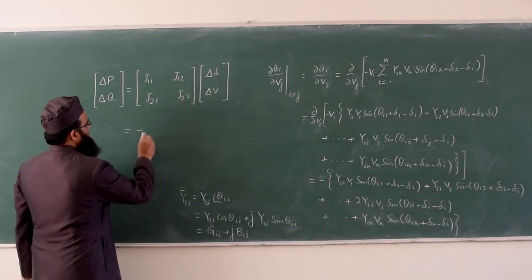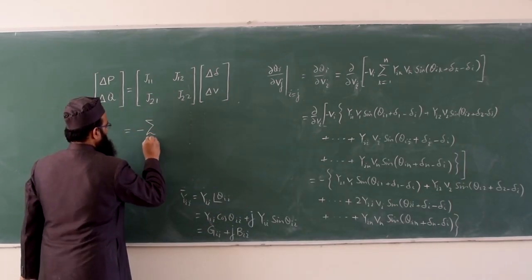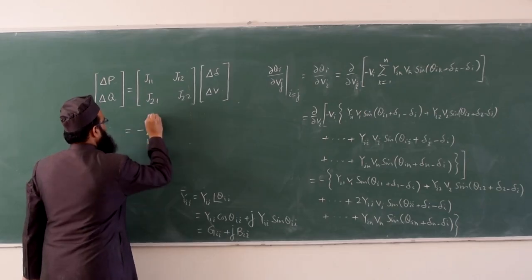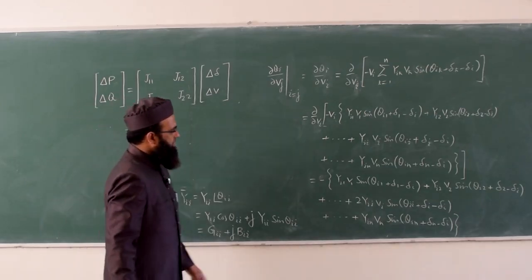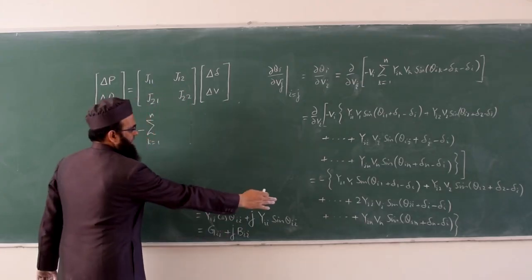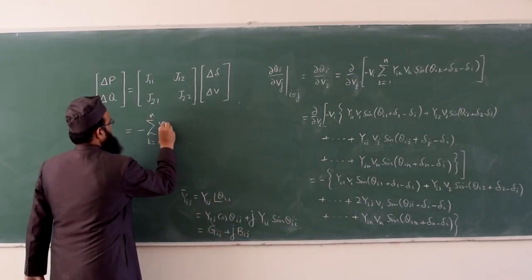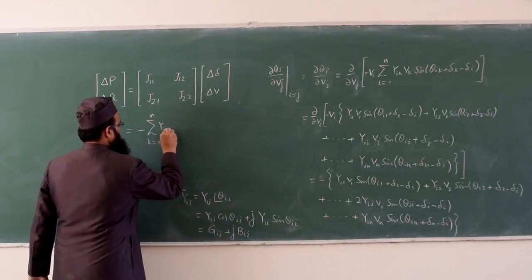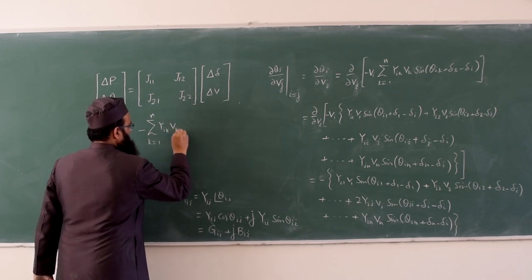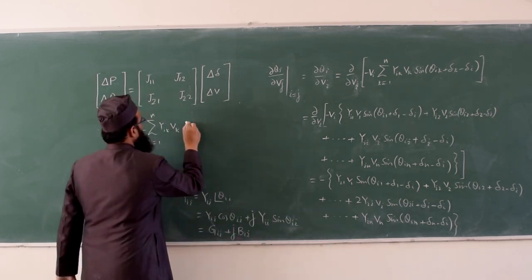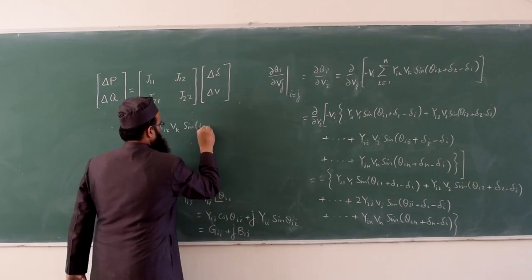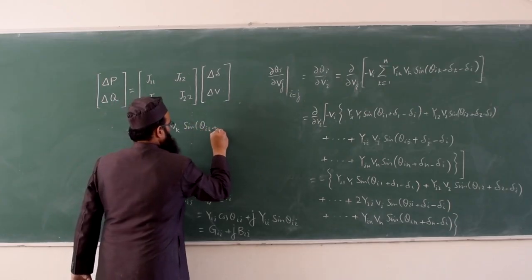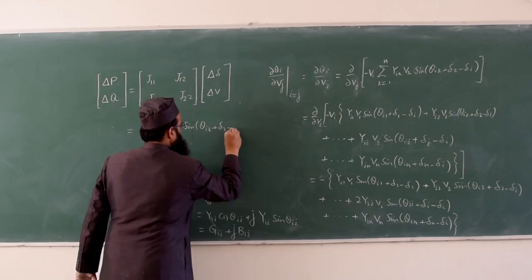So, right here minus sum over k equal to 1 to n, from the nth term we can write Yik Vk sine of theta ik plus delta k minus delta i.